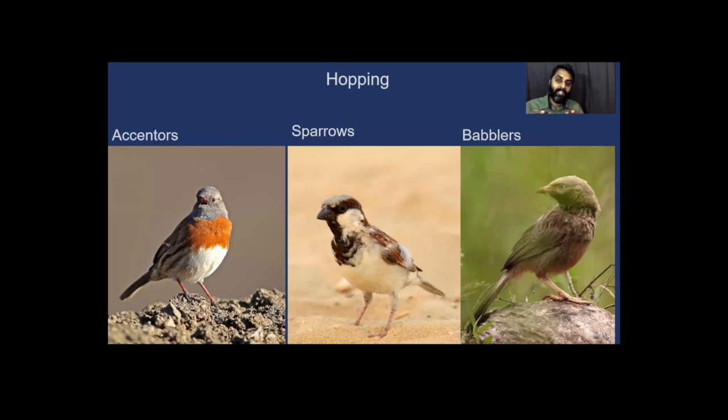So when you observe all this, it will help you in identification, because many times you may not get a good view of the color of the bird. You may see that bird on the ground. For example, you take the babbler, you may see it on the ground far away, and you're not getting a good view.